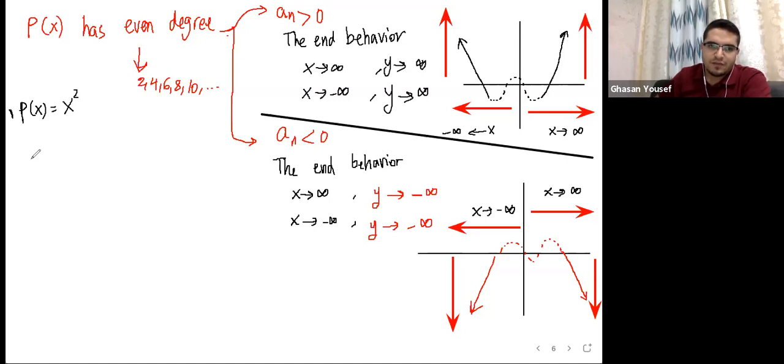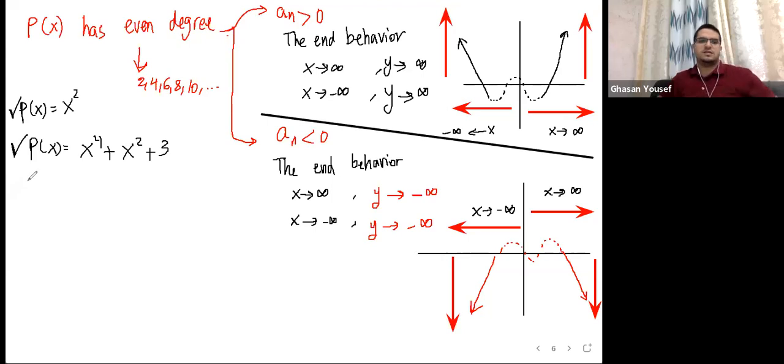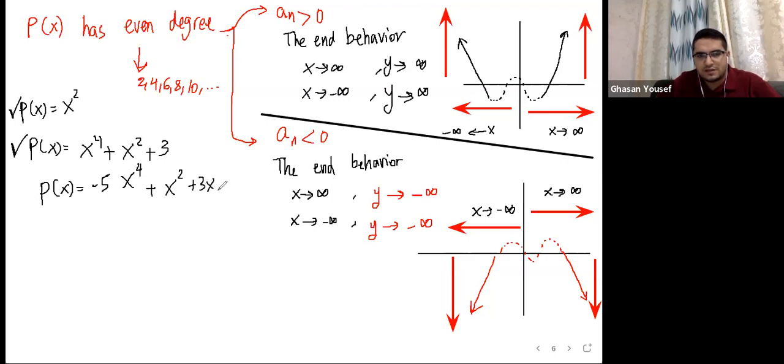Also, another example is P of x equal x to the power 4 plus x to the power 2 plus 3. P of x has even degree. Another one, P of x equal minus 5x to the power 4 plus x squared plus 3x plus 2.